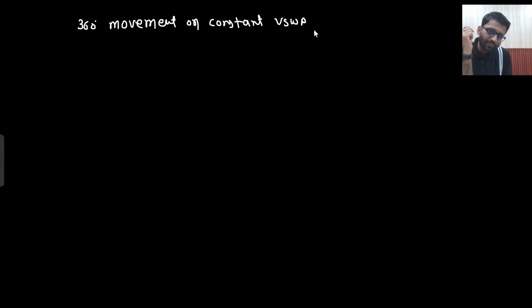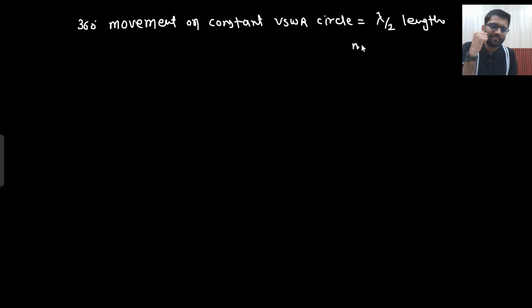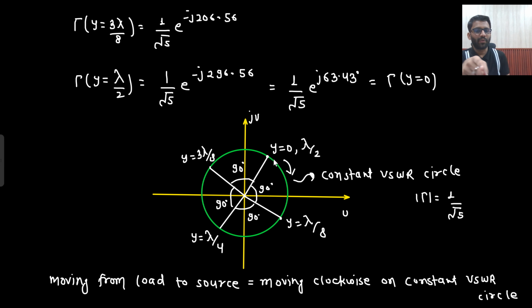That means a 360 degree movement on a constant VSWR circle is equal to a lambda by 2 length movement on the transmission line. Another important point, because after lambda by 2 you can see that your reflection coefficient is being repeated. Is that clear to you?